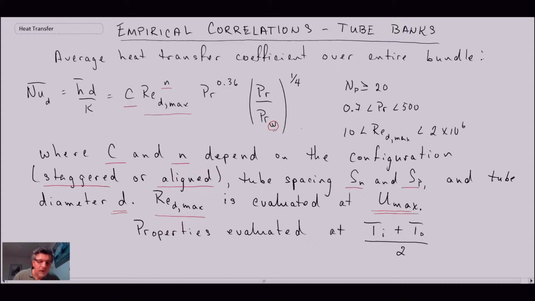Okay, so with that, let's take a look at what is going on within our tube bundle, because you might be wondering, if you don't know the outlet temperature, for example, how are you going to evaluate the properties? So let's take a look at geometrically what is going on when there is flow coming across our tube bundle.